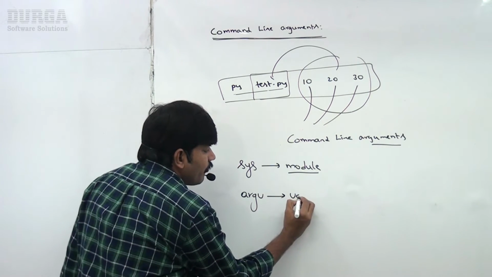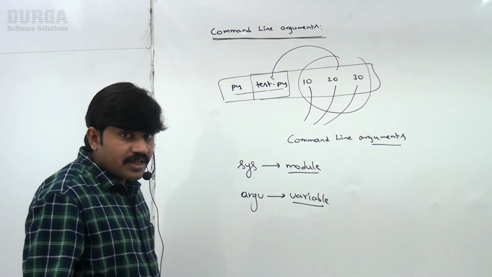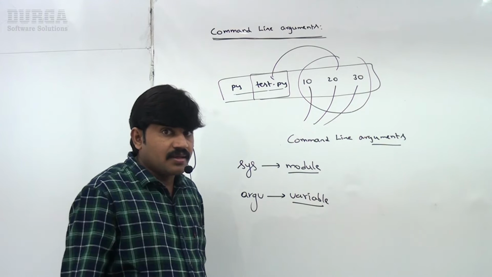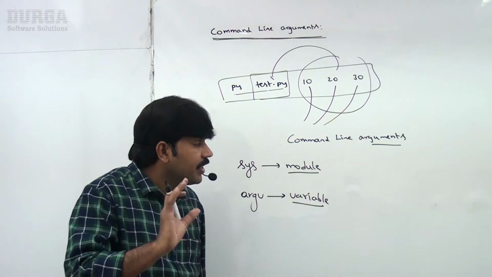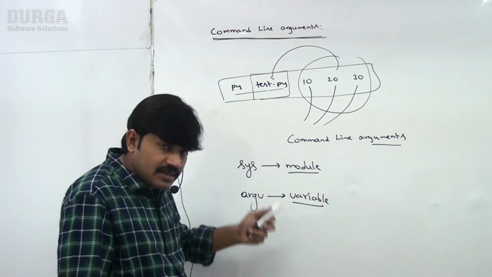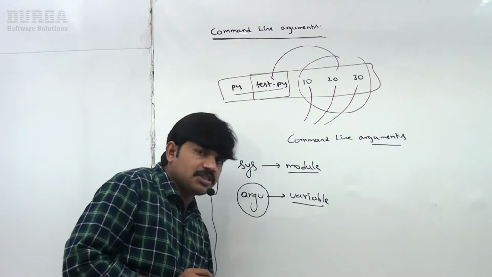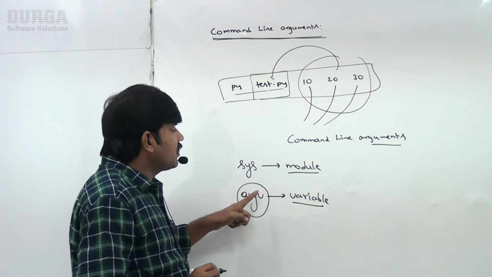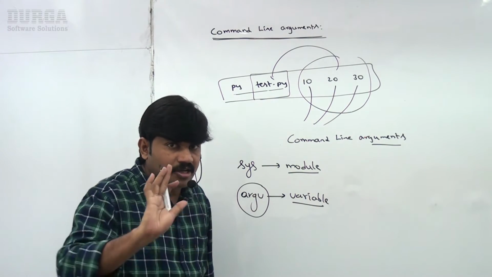It is the variable present inside this module. We are not required to discuss what a module is; in the last session, while covering the math module, we covered very clearly the basic idea about modules, right? What is that variable name, sir? Argv. By using this variable, we can happily read command line arguments.